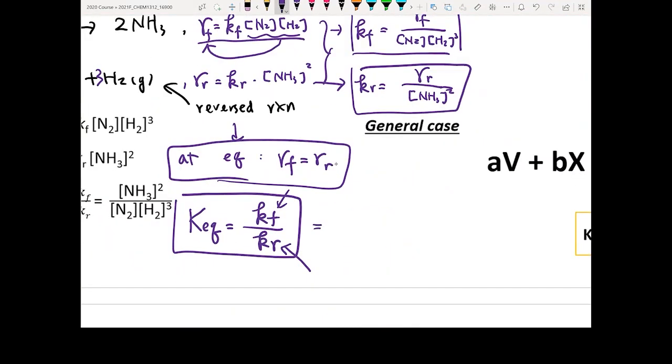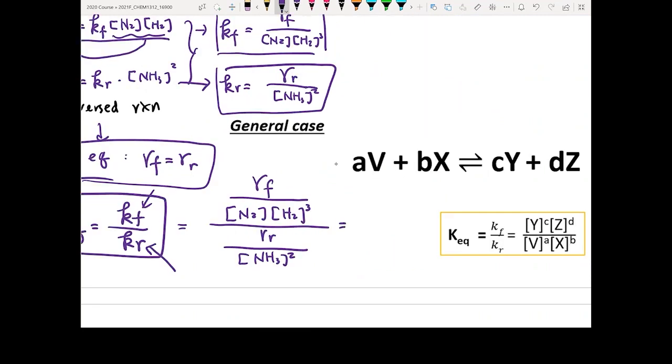So when you plug in, what you get is the rate of the forward reaction divided by [N2][H2] to the third power, over the reverse rate divided by [NH3] to the second power.